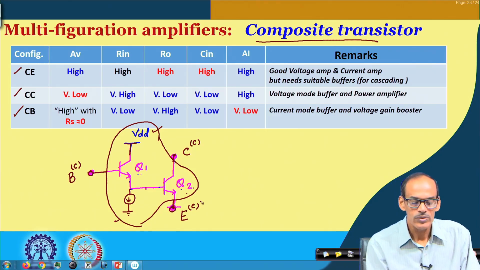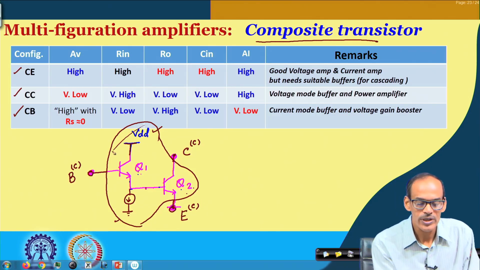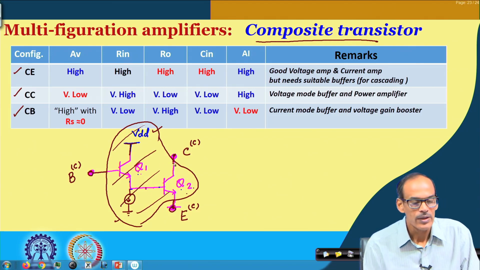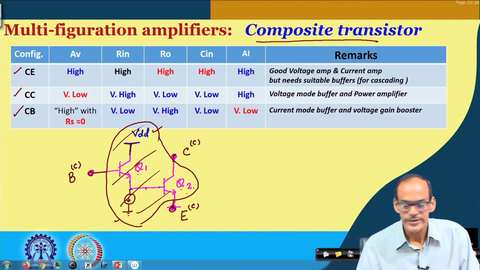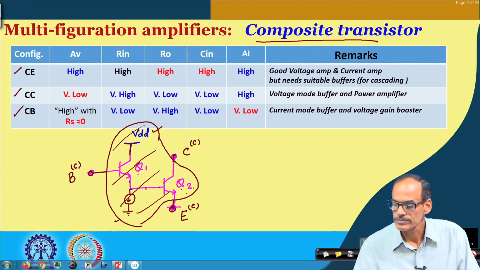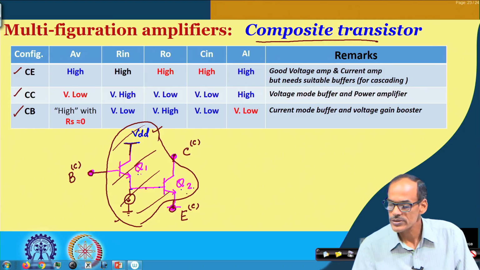Now, can I use this entire composite transistor in different configurations? So, let us see. Suppose I connect this circuit in CE configuration. What do I have to do? Let me use blue color.